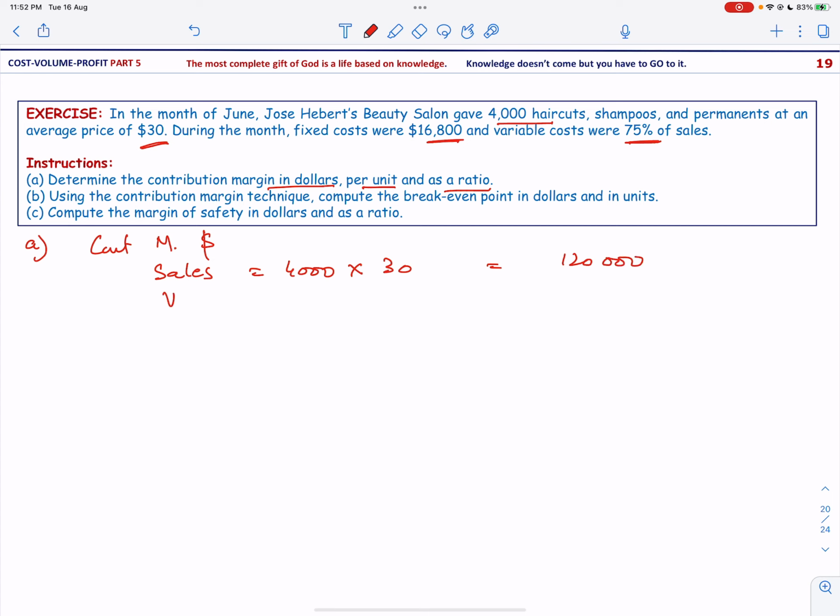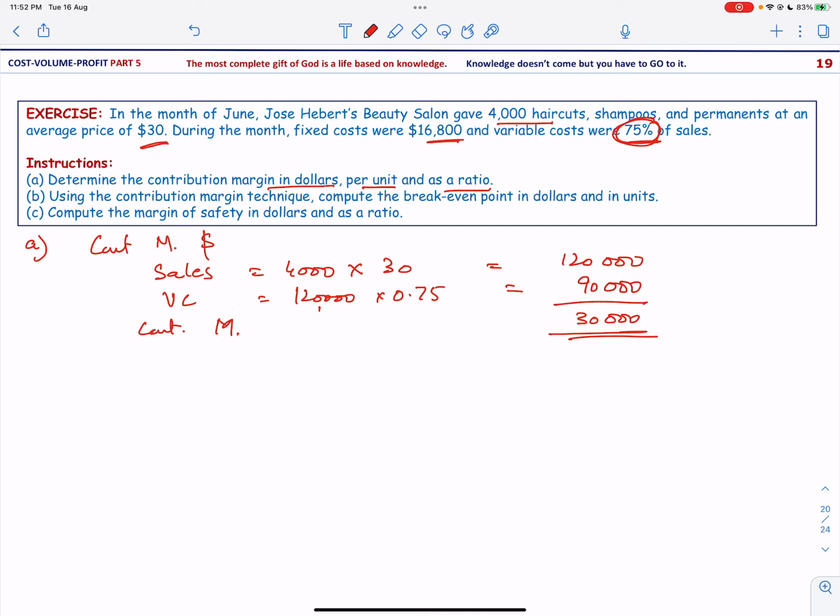Then we have the variable cost, and the variable cost is 75% of sales. So 120,000 is our sales and it's 75%, that is equal to 90,000. So we have the contribution margin, and contribution margin will be 30,000.